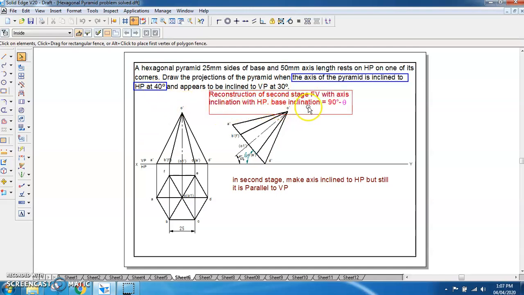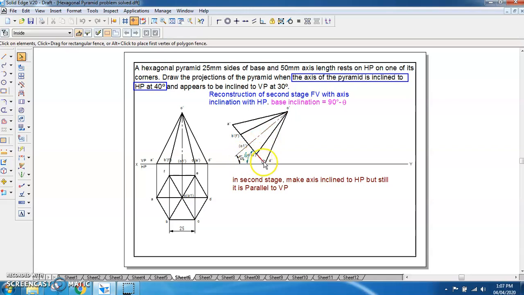So the base inclination will be 90 minus 40, that is 50. So we have to take the 50 degree base inclination, and then we have to reconstruct this front view of the first stage as the front view of the second stage, having axis inclination as 40. So when you make the base 50 degrees, automatically you will be getting the axis as 40 degrees.